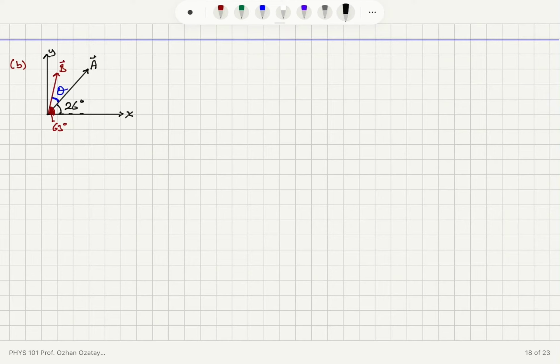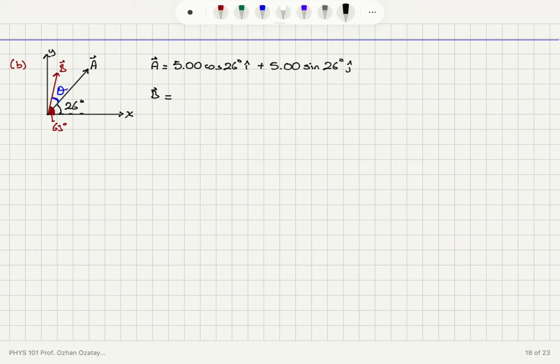So if I write these vectors decomposed into their components, vector A is 5.00 cosine 26 i hat plus 5.00 sine 26 j hat. Remember, vector A is in the xy plane.